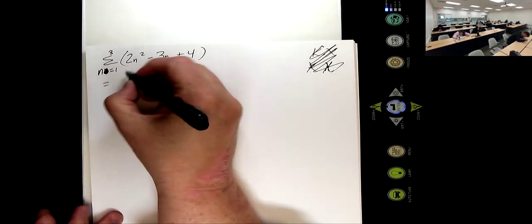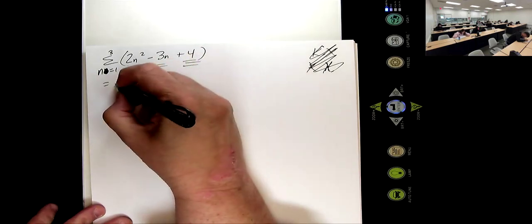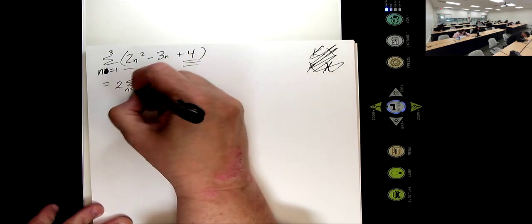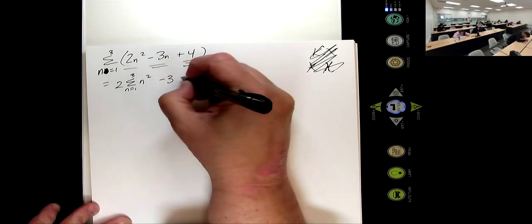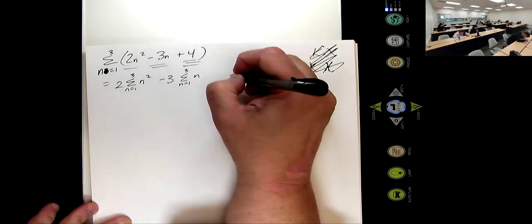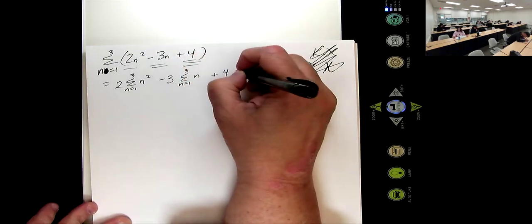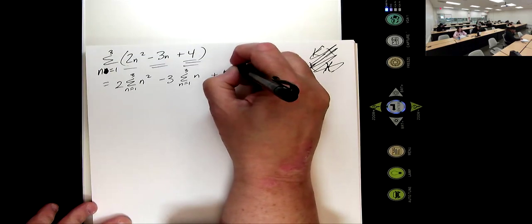So I can treat each of these as separate things. I would have 2 times the summation n equals 1 to 3 of n squared, minus 3 times the summation n equals 1 to 3 of n, plus the summation n equals 1 to 3 of 4.